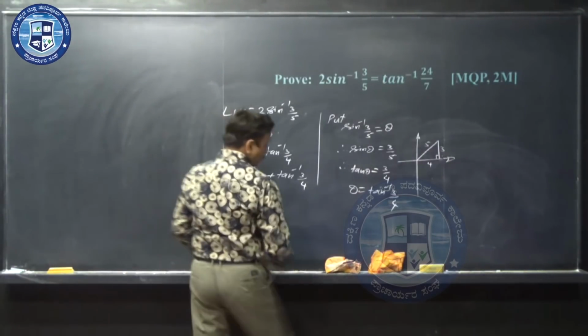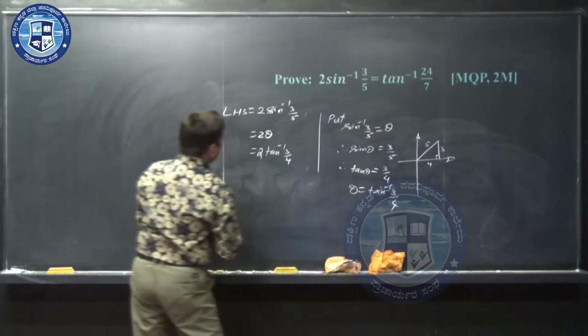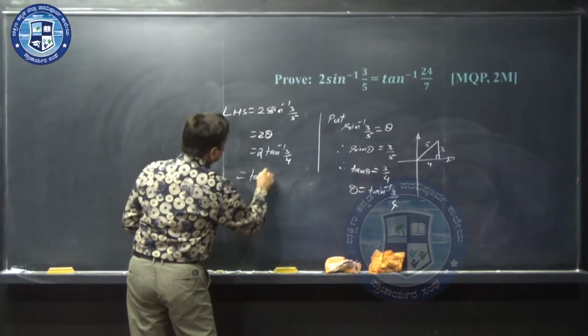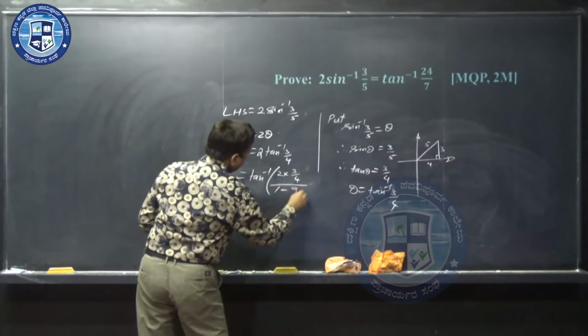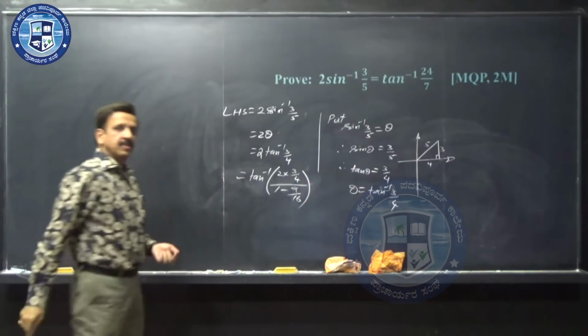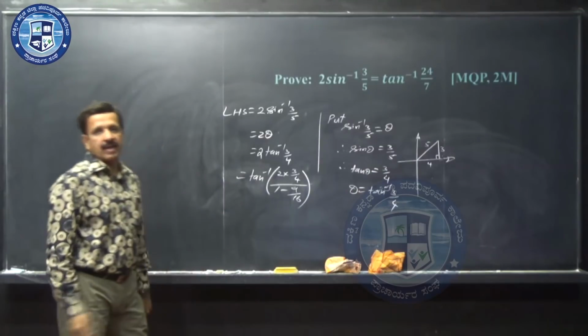You have got 2 times tan inverse x, you have a formula. So, direct formula we have, that is equal to tan inverse of (2 times 3/4) divided by (1 minus 9/16). Yes, formula: 2 tan inverse x is tan inverse 2x divided by 1 minus x square.